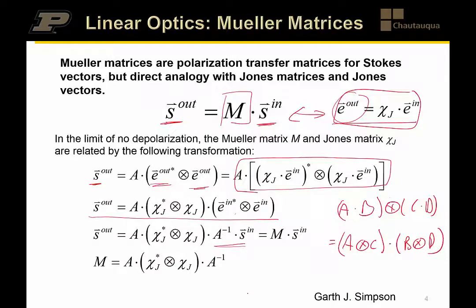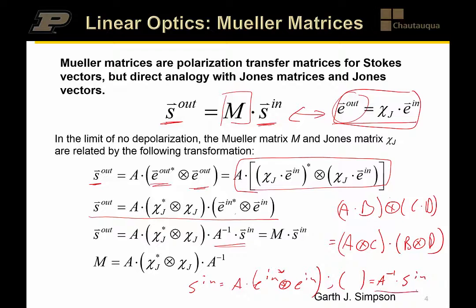Let me show you what I mean. We have S in equals A times E in. And so therefore, this Kronecker product of electric fields equals A inverse times S in.